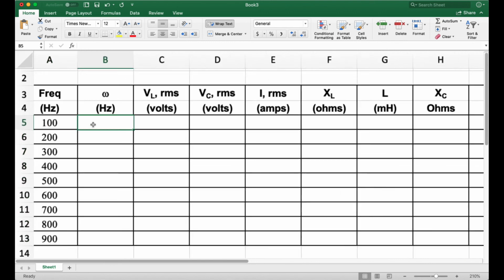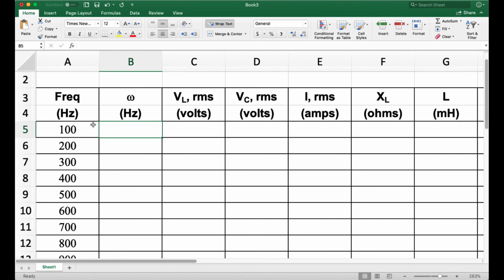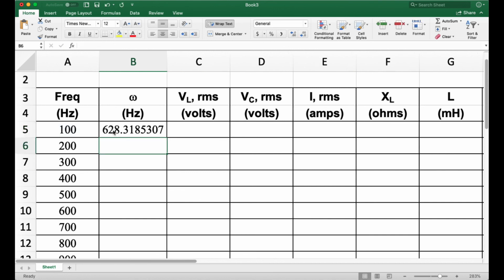I'm going to hit equals, 2 star capital PI with open and close parentheses, star, cell A5, and hit return. And it gives me the value of omega.